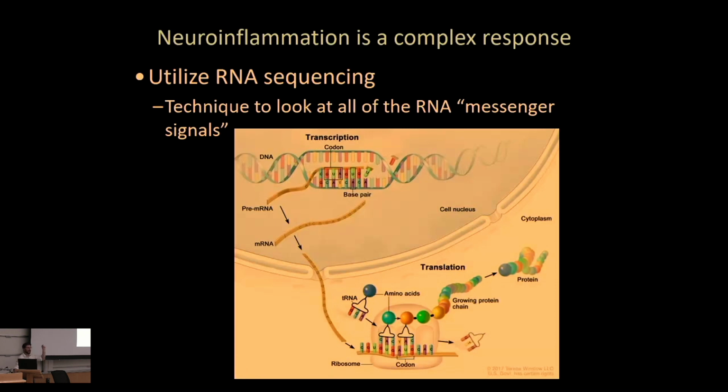We can look at the amount of messenger RNA there is and have that as a proxy of what that cell is trying to do. So that's all RNA sequencing is, essentially, is looking at the message to make a particular thing. If there's more of it, we think there's more of that thing being made. If it's not there, that thing probably isn't being made.